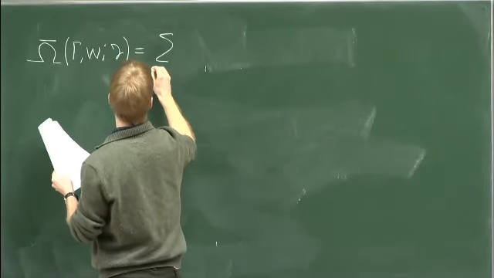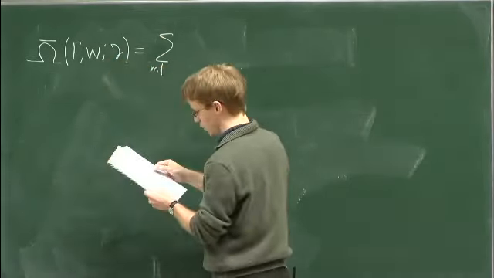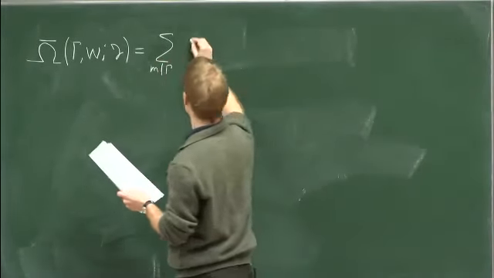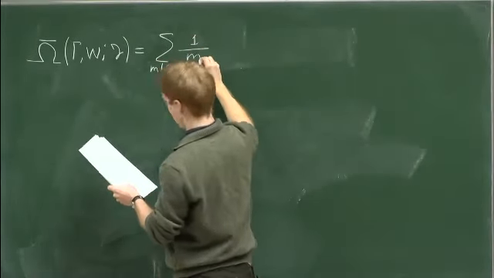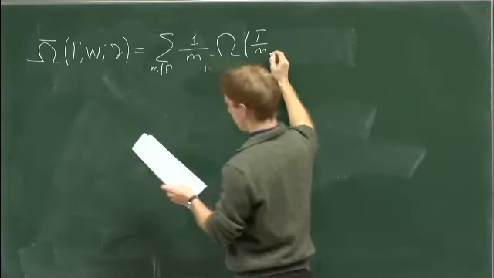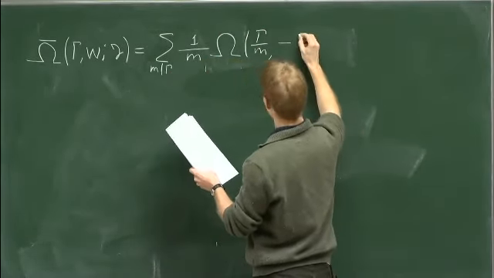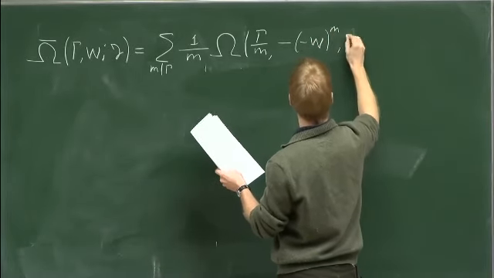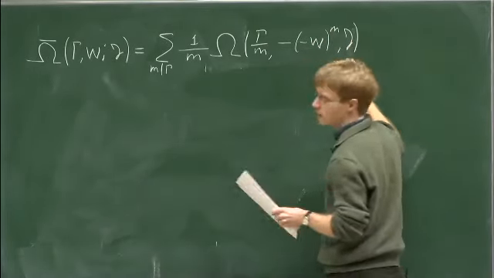It is a sum over all the integers m which divide the total charge gamma, 1 divided by m, and then omega of gamma divided by m, times minus w to the power m times k.